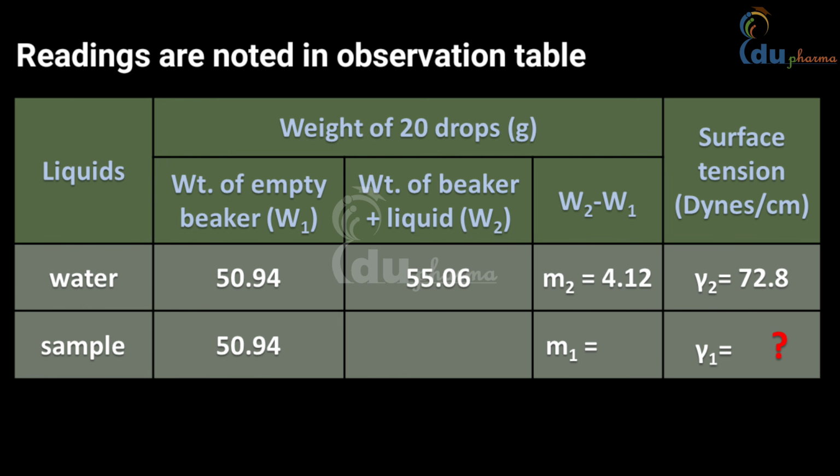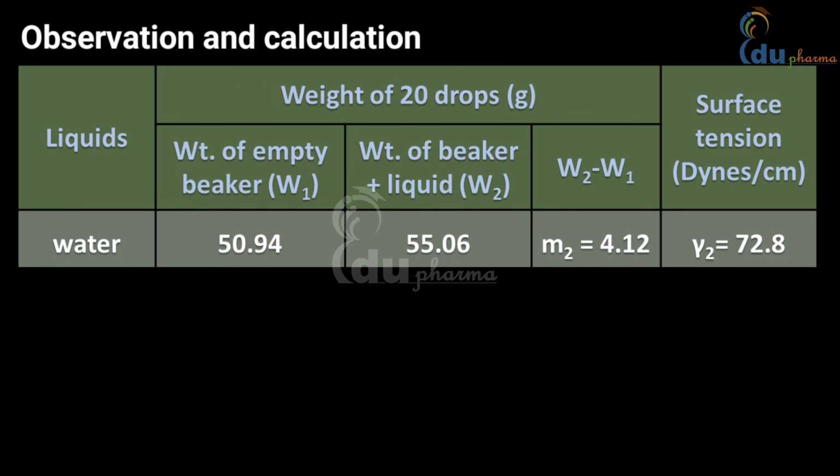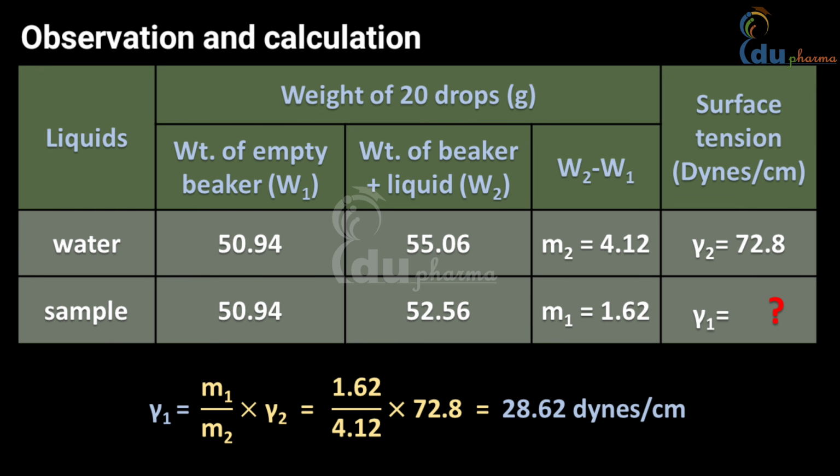Readings are noted in the observation table. You can see the observation table here. Similarly, the weight of 20 drops of the experimental liquid is calculated. By substituting values in the equation, we can calculate the surface tension.